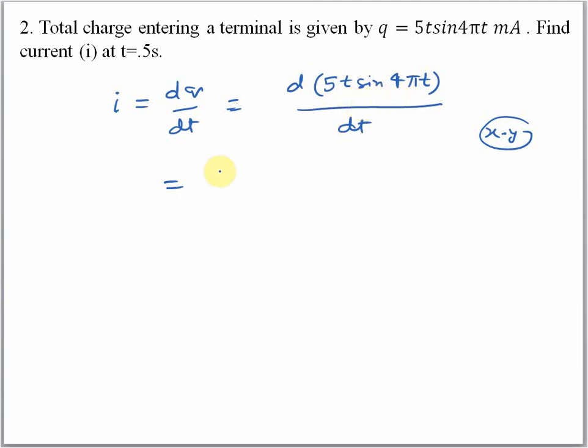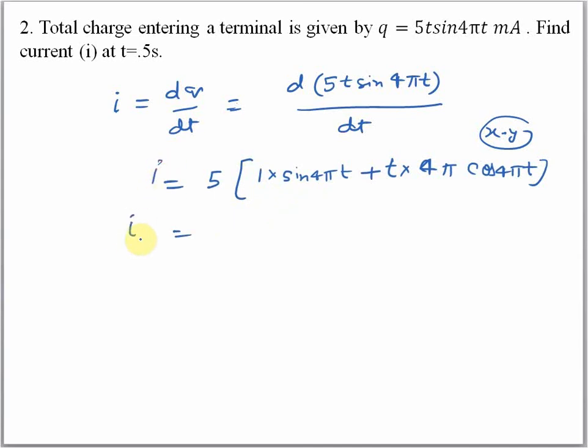Then we take 5 common, and the differentiation of t equals 1, so 1 into sine 4 pi t, plus t into the differentiation of sine 4 pi t, which is 4 pi cos 4 pi t. Okay, this is the current.